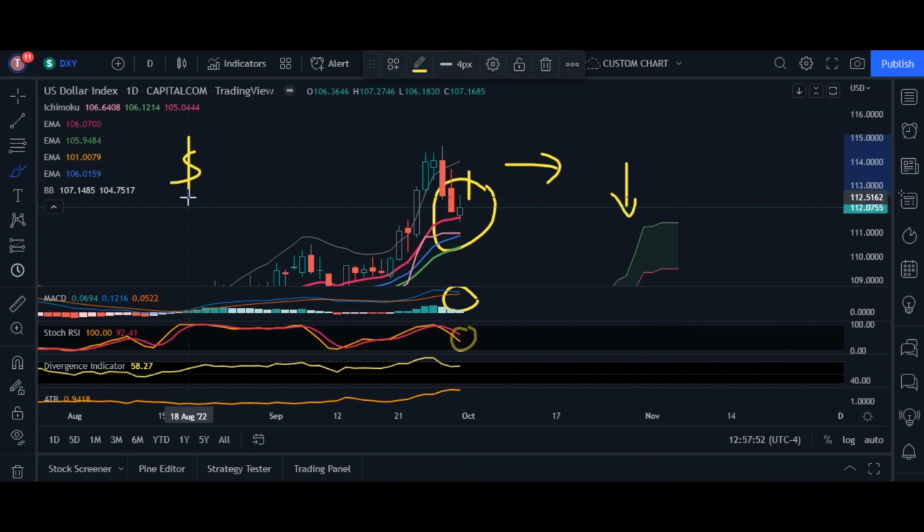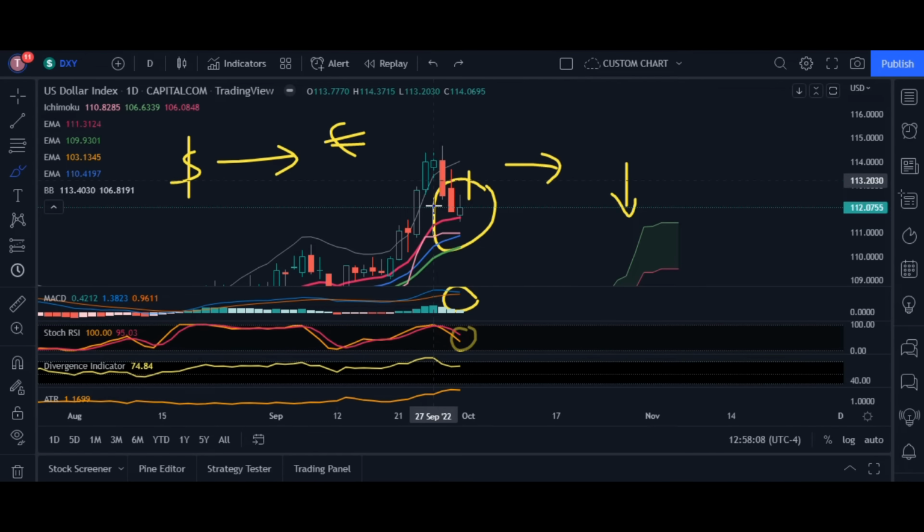So again guys, what is the dollar index? The dollar index measures the strength of the dollar against some currencies. What currencies? The euro itself, then the pound sterling, the Swiss franc, the yen, and two other currencies. I have discussed this in great detail in my previous weekly technical analysis of the S&P 500.